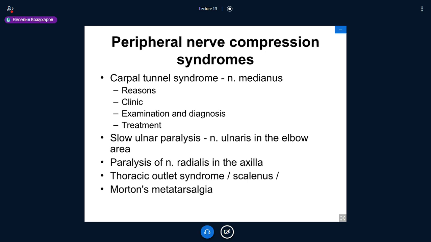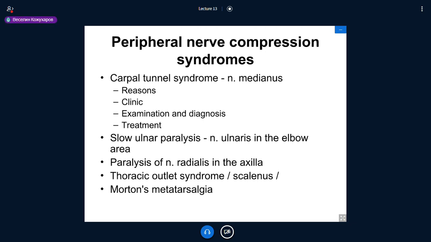Sometimes this syndrome affects the ulnar nerve because it comes in the ulnar part of the canal. We call this Guyon's canal. And we have to distinguish the involvement of the ulnar nerve and the median nerve.